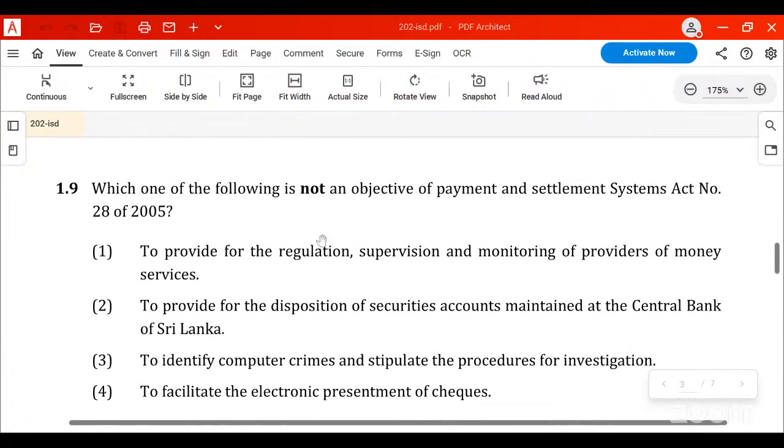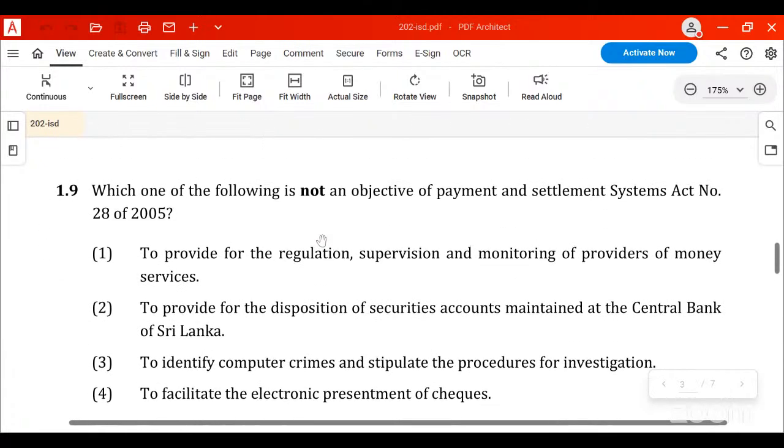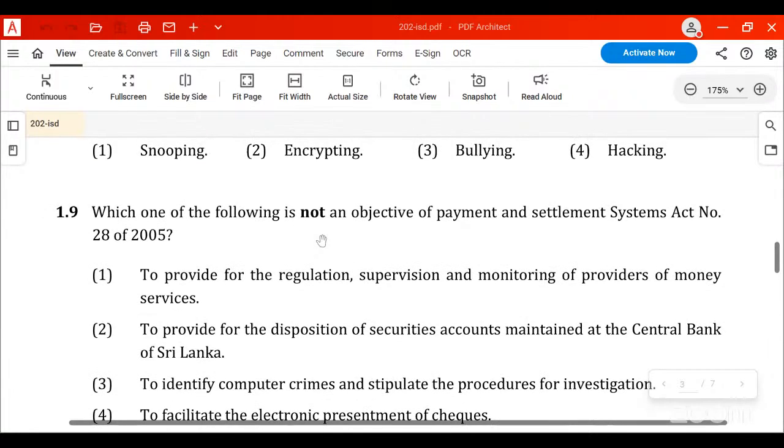Which one of the following is not an objective of the Payment and Settlement Systems Act number 28 of 2005? To provide for the regulation, supervision, and monitoring of money services.